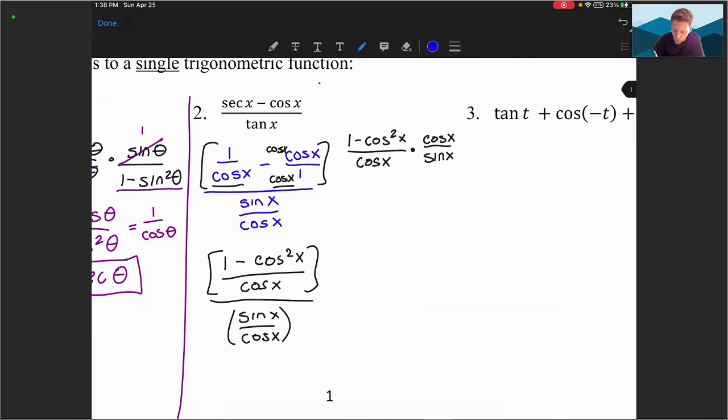We can notice that 1 minus cosine squared is actually going to be the sine squared x. And I can look to cancel out my cosines to 1, and then I can cancel out my sine functions, and so I'll be left with sine of x. So just sine of x for number 2.